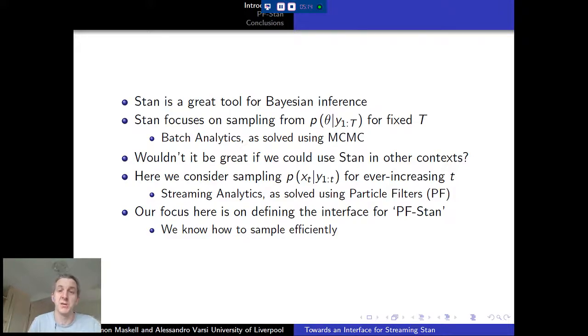Now, it turns out that in other work, we've figured out how to sample efficiently in particle filters, so we're not really going to focus on that here.